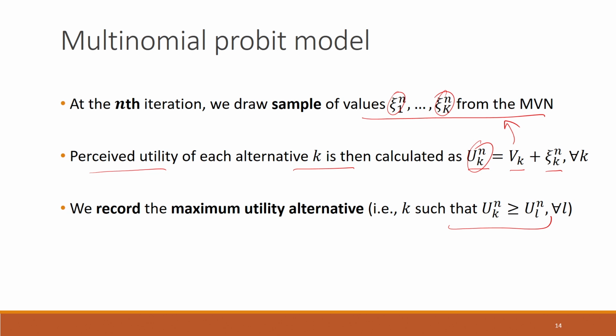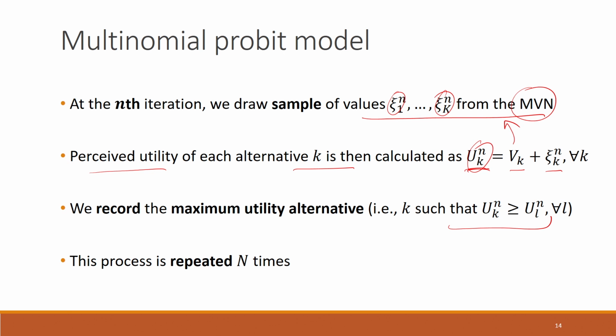This is one iteration of the Monte Carlo simulation. Suppose we do a total of n iterations. Every time we sample the error terms from this multivariate normal distribution, compute the perceived utility of each alternative, and determine which alternative has the highest utility.